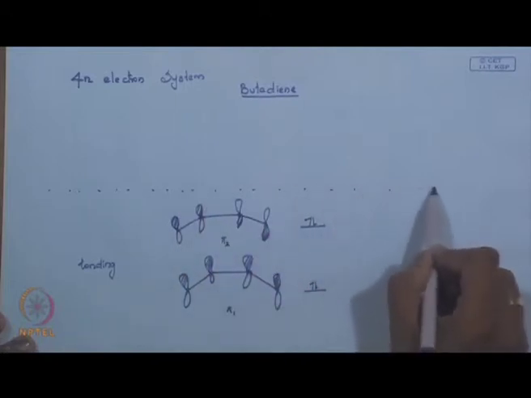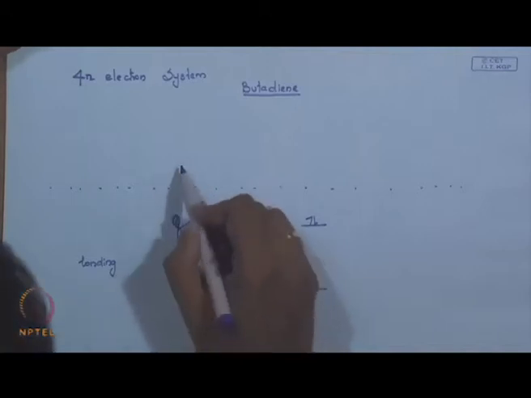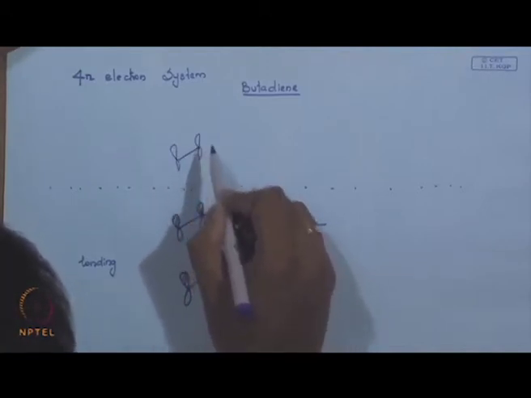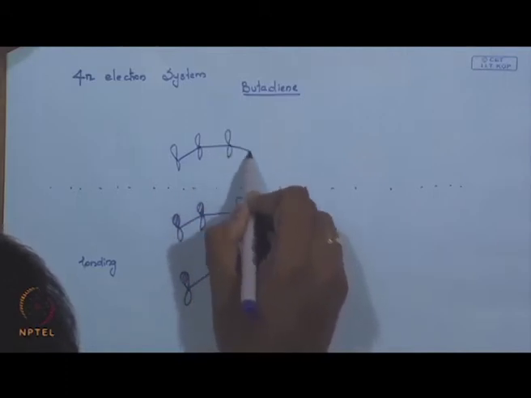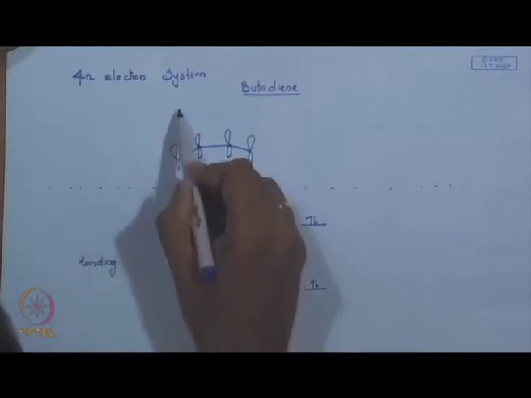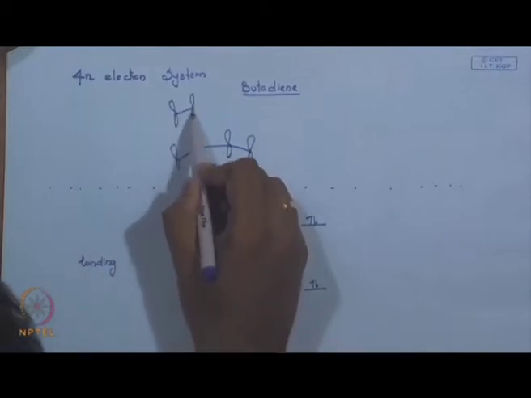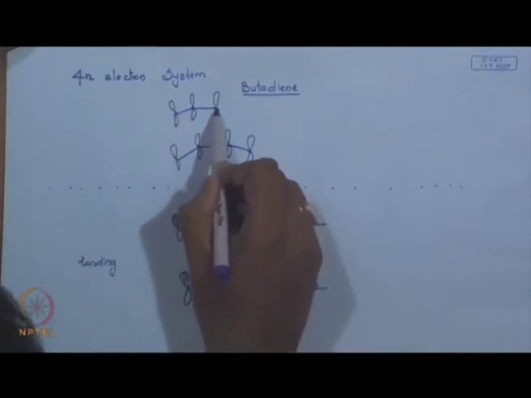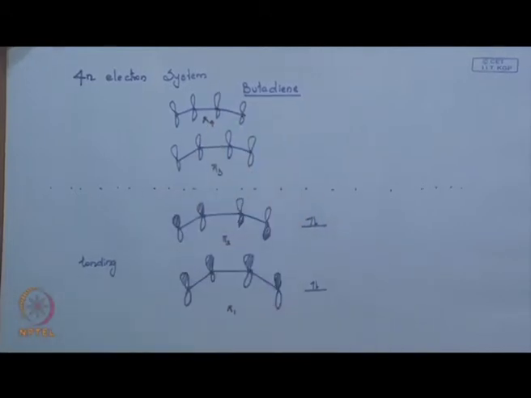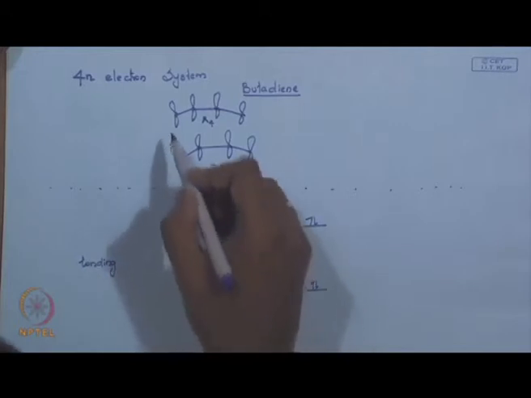And then you have your anti-bonding. I can call this as pi 3. Then I have my pi 4, right.